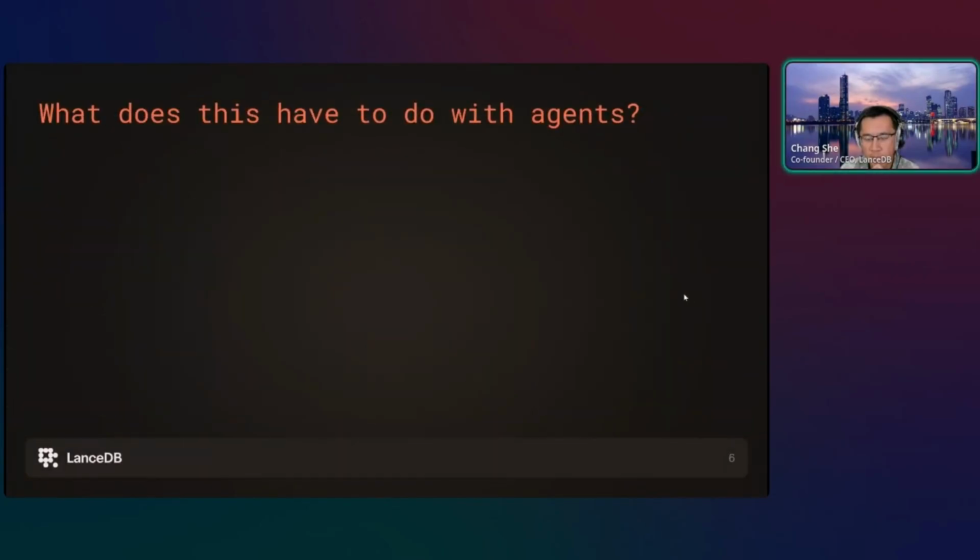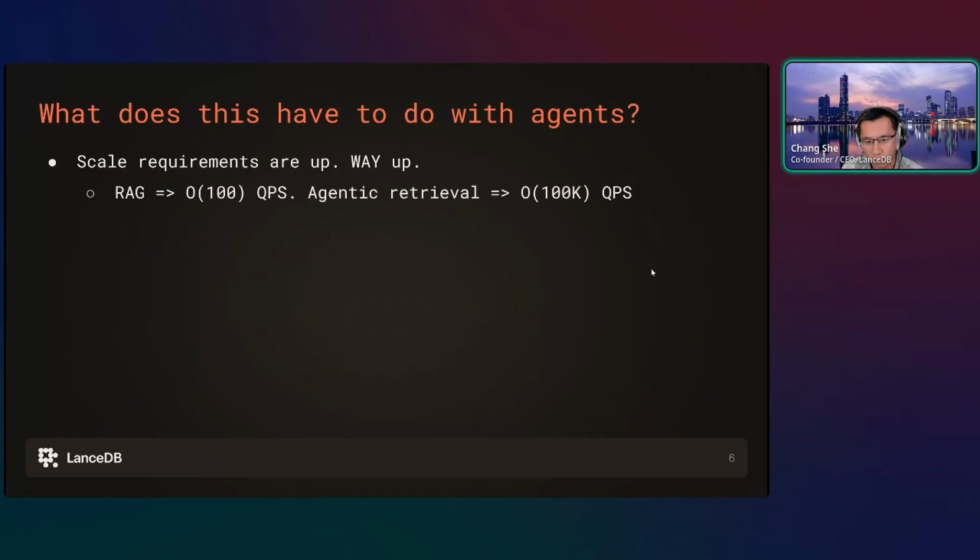Now, we talked about this process, and this process is now made even more interesting because a lot of the development process is done by agents rather than by hand, right? So, number one, if we're going through this data flywheel, writing data pipelines and transformations with agents instead of by hand, scale requirements are way up, right?